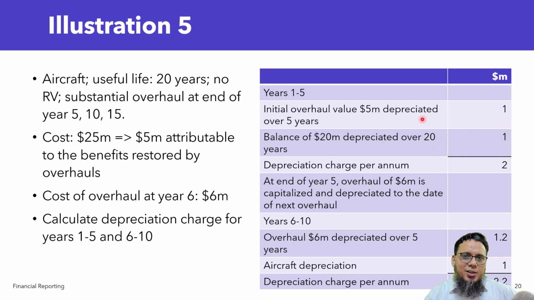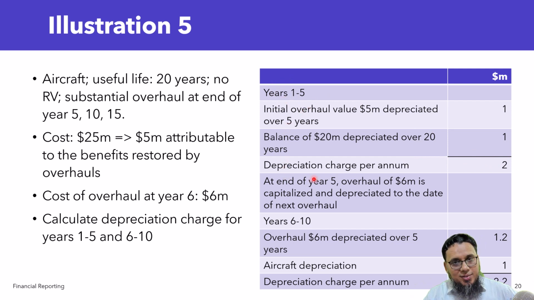But the $5 million cost component attributable to the overhaul cost has to be depreciated till the next time the overhaul is due, which is after 5 years. So $5 million depreciated over 5 years results in a depreciation charge of $1 million per annum. So a depreciation charge of $2 million per annum will be charged from years 1 to 5.